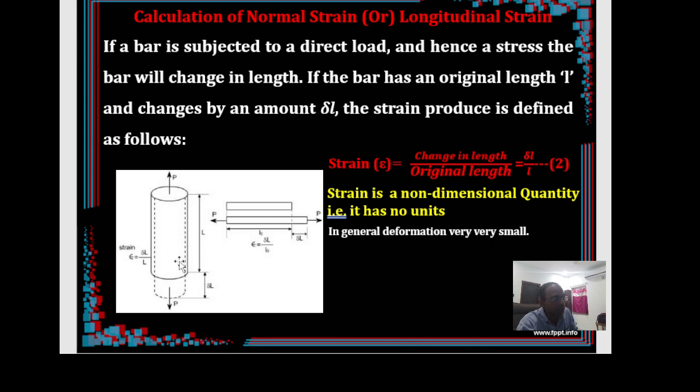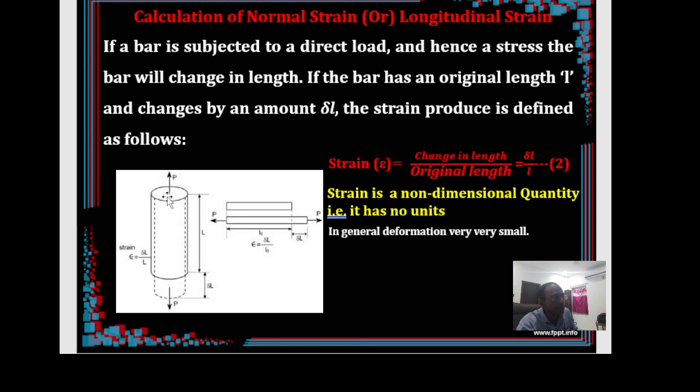If a body, let's say a cylinder, is subjected to some external load P, as we are seeing here, or in the case of a rectangular bar, whatever deformation happened in the length direction, say delta L, divided by the original length is what is called strain, right?